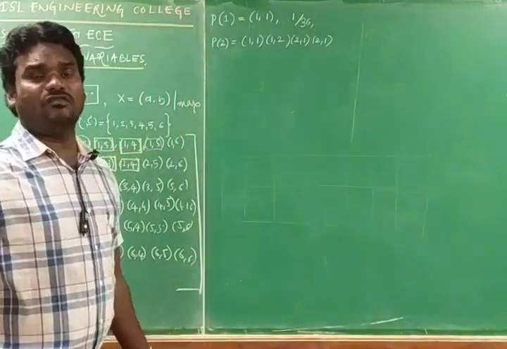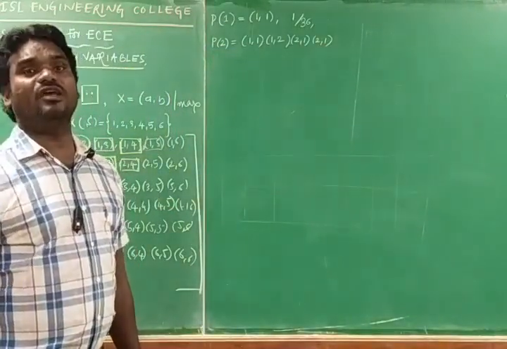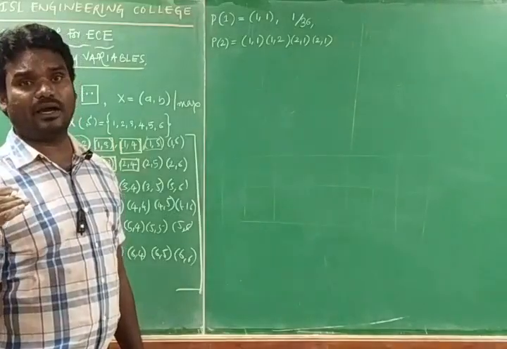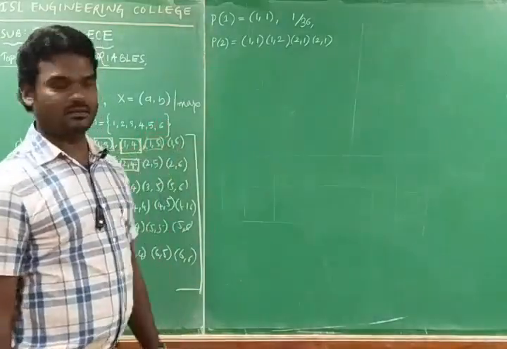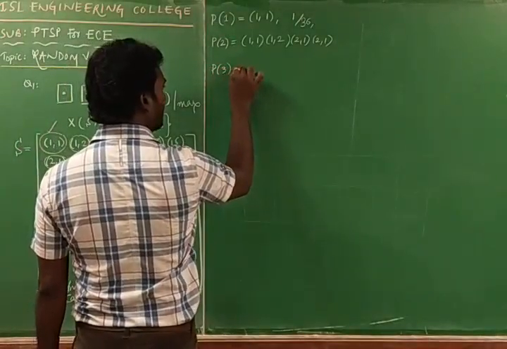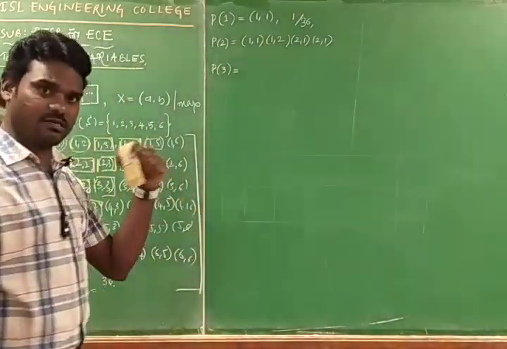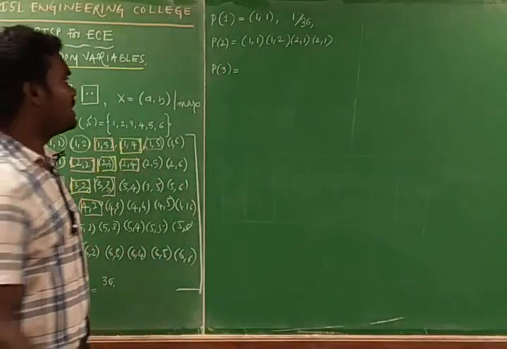That means what? We have been identifying the interval which should not have a number which is greater than the given value. That is, probability of getting the random variable as 3. That is a maximum of 3 only. It should get a number in any interval that is maximum 3 only.